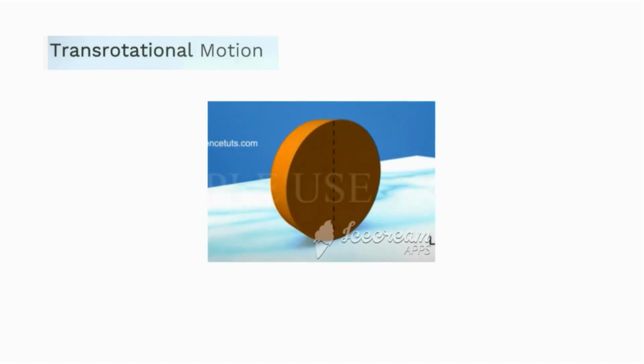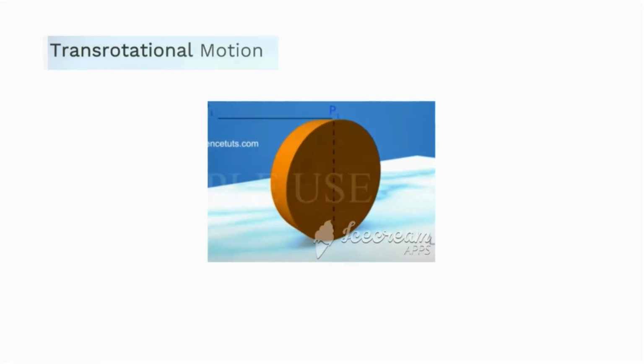Stationary. That is trans-rotatory motion. It's rotating as well as moving, so that is translation plus rotation motion. Is that clear to you guys? Say yes if it is clear.